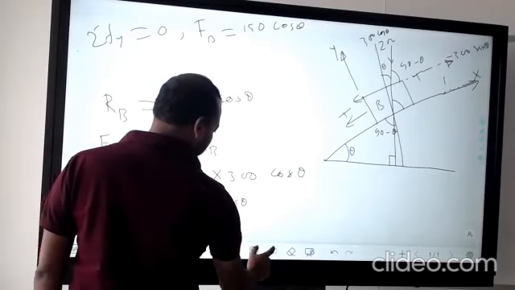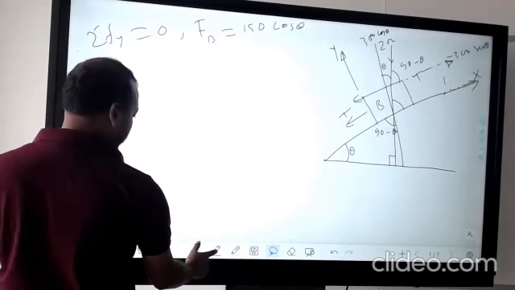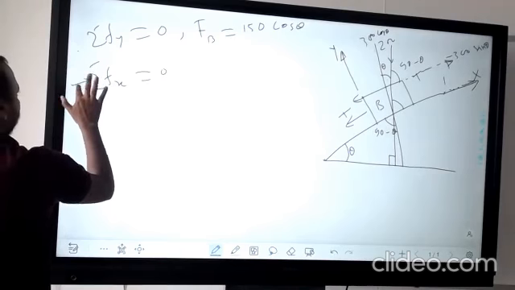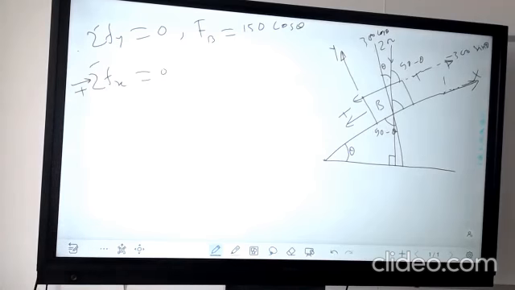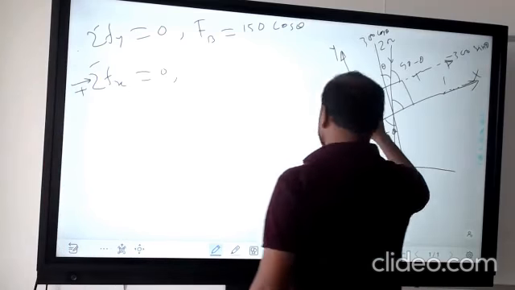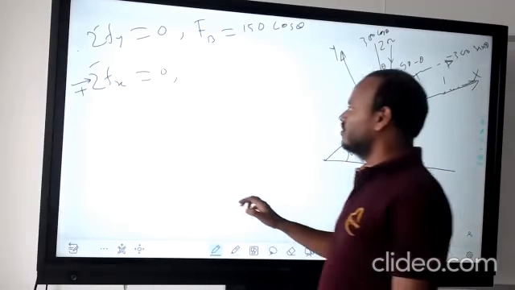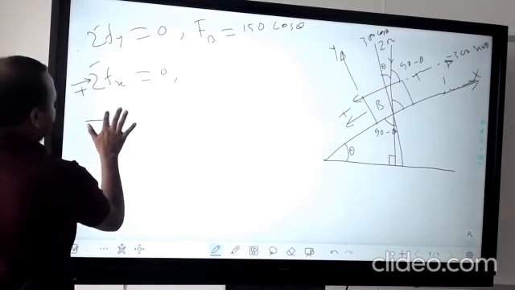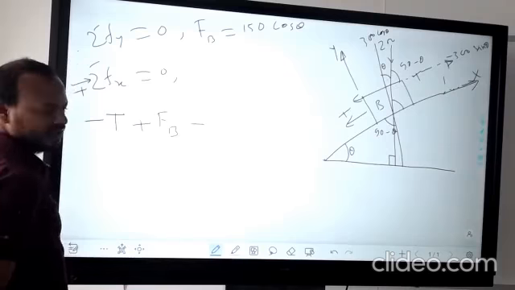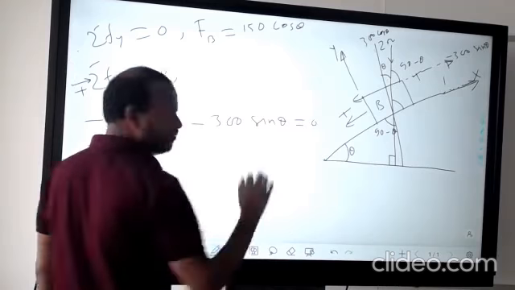Now we will apply summation of f of x is equal to 0, taking positive rightwards. If we apply this now, our t is in that direction. So minus t plus FB minus 300 sin theta is equal to 0.